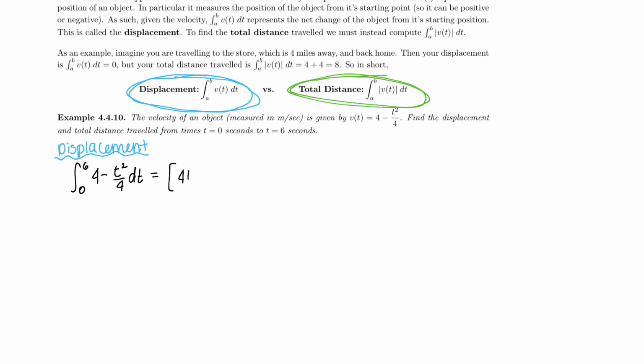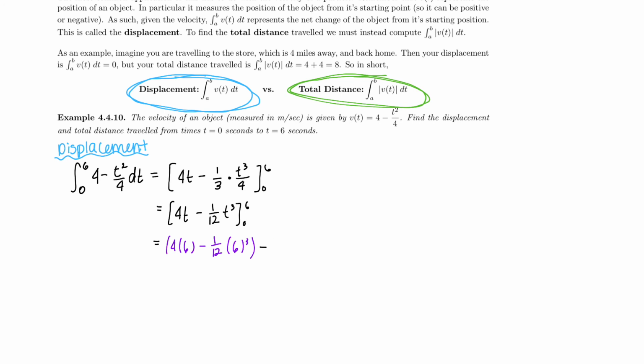This is 4t minus 1/3 times t cubed over 4, from 0 to 6. I'm going to write that as 1/12, but you can write it however makes your heart happy. Plugging in the upper bound, we have 4 times 6 minus 1/12 times 6 cubed.